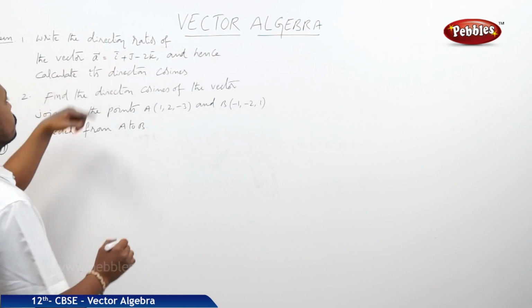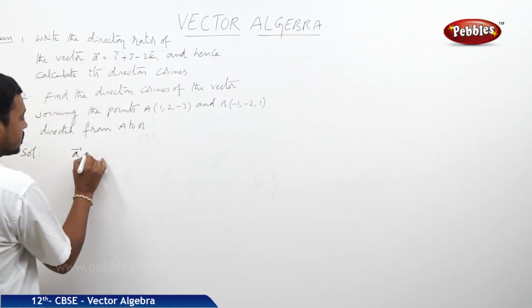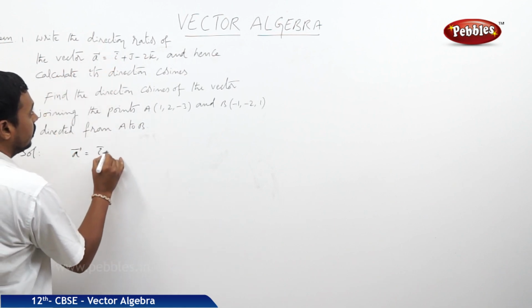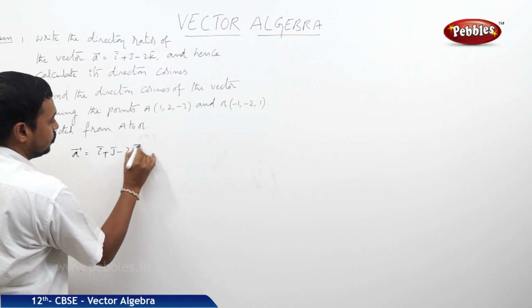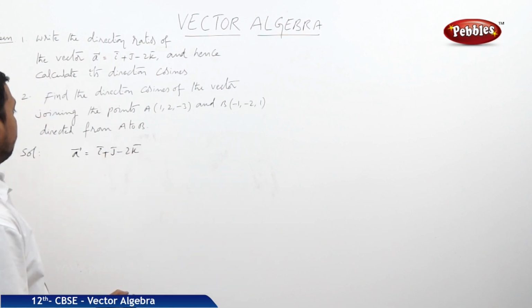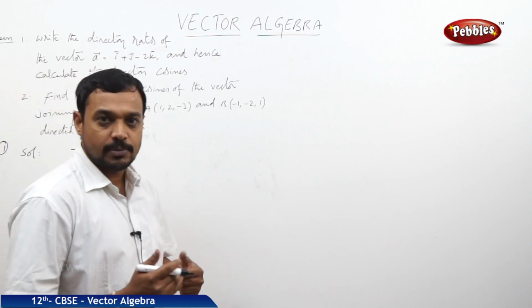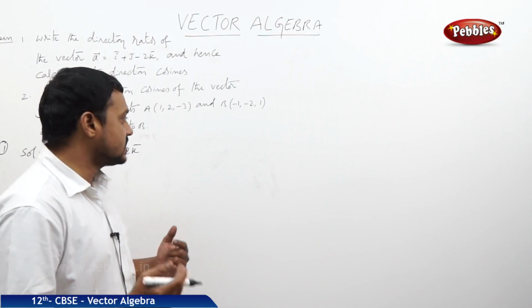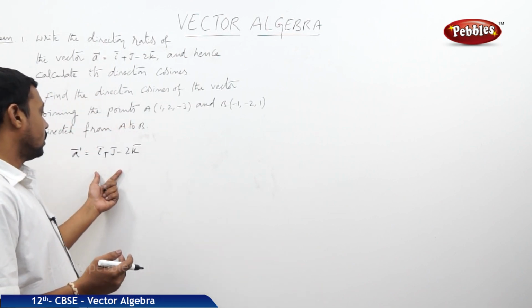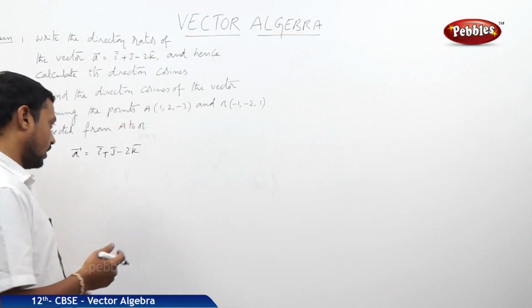Write the direction ratios of the vector. Given vector a bar is equal to i plus j minus 2k. Now this is the given vector. You know, in any vector xi plus yj plus zk, x, y, z are called direction ratios of the vector.